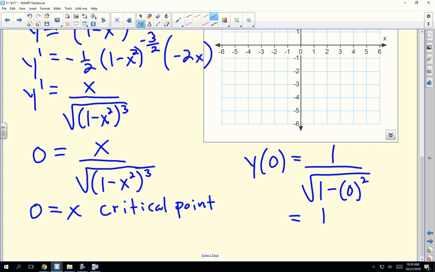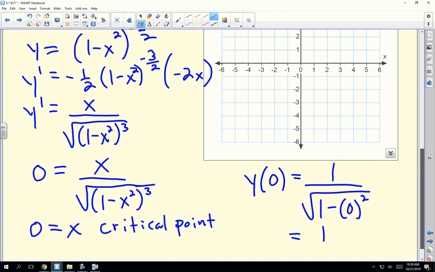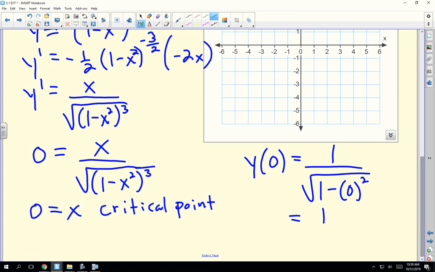If you try a point like, I think this is what you were saying, you're right. If the derivative is negative to the left, then it's got to be positive to the right.